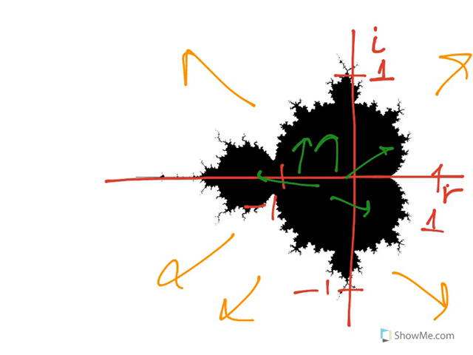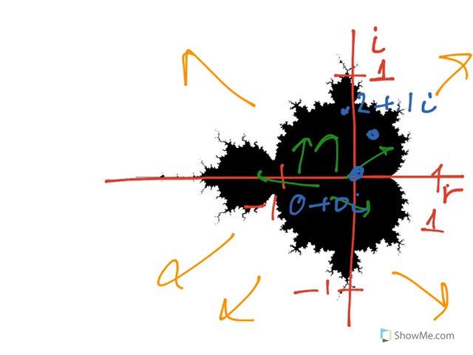And what's the difference between points that are colored black and points that are colored white? Why are some points colored black and other points colored white? For instance, 0 plus 0i is colored black. And maybe some point over here, I'll just call that 0.2 plus 0.1i.